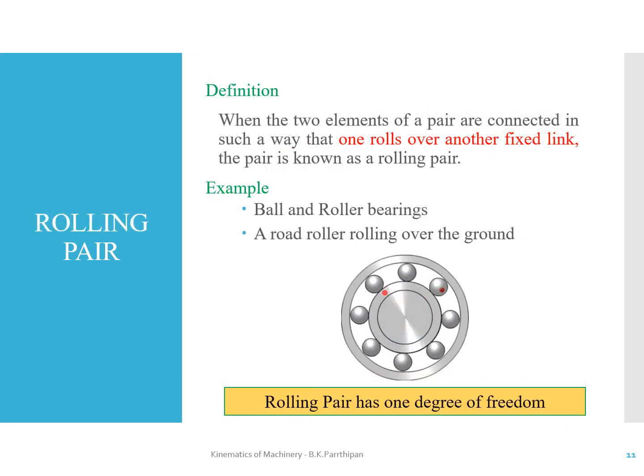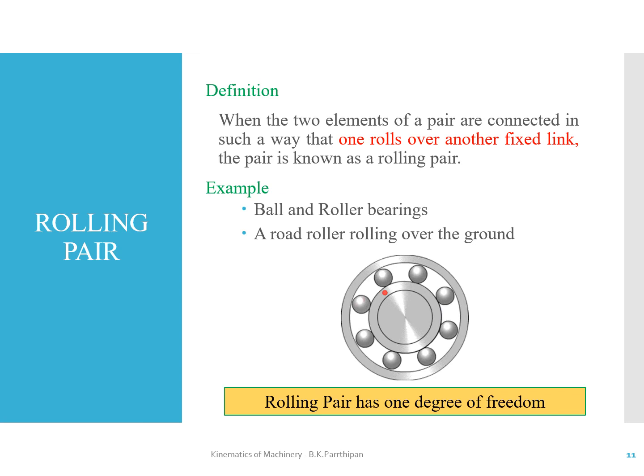Next is rolling pair. So here two elements are going to have contact. At that time one link rolls over the other link. Such examples are ball and roller bearings and a road roller rolling over the ground.